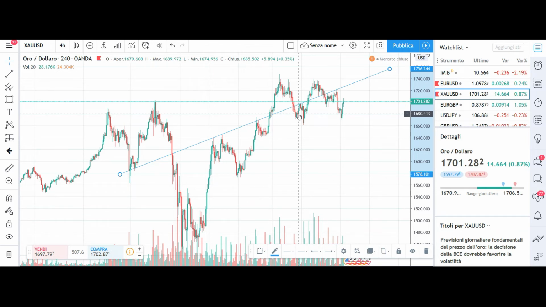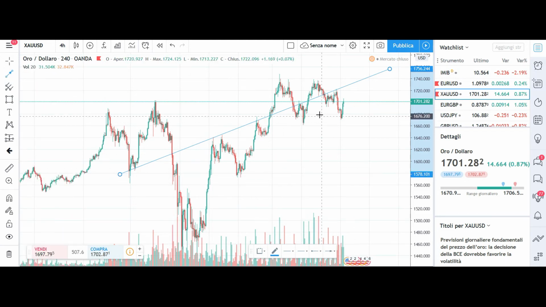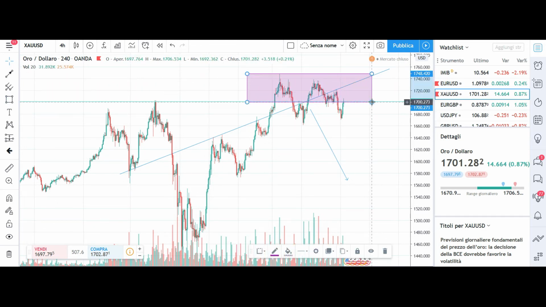For the last couple of weeks I was actually thinking to go short in the long term for gold, and thank God I didn't, because the price is still moving around this area right here, using this price as a support.